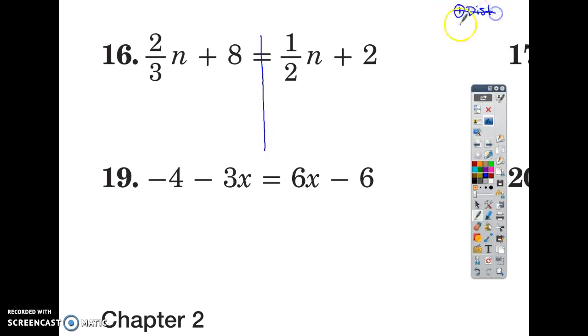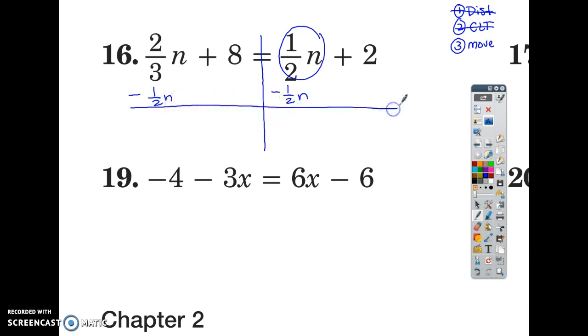No. Combine like terms? Nope. Move the smallest variable? Which one's the smallest variable? 1/2 is smaller than 2/3, okay? So I'm going to move this one by subtracting 1/2 n from both sides, minus 1/2 n.